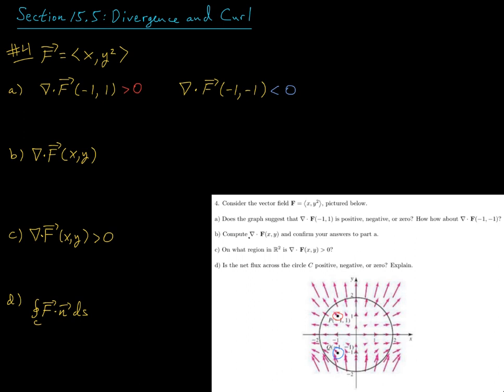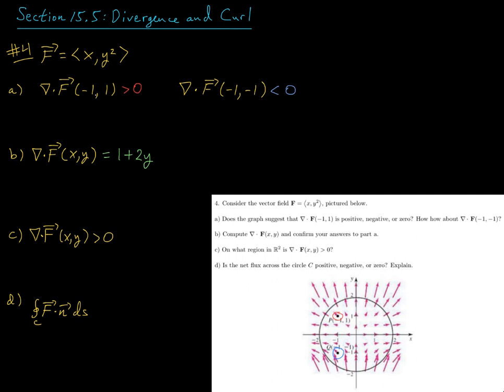Now part B says to compute the divergence at any point x, y and confirm your answers to part A. All right, let's do that. For the divergence, I'm just going to take the x derivative of the i component, p, which is 1. I'm going to add to that the y derivative of q, the j component of the vector field, and that's 2y.